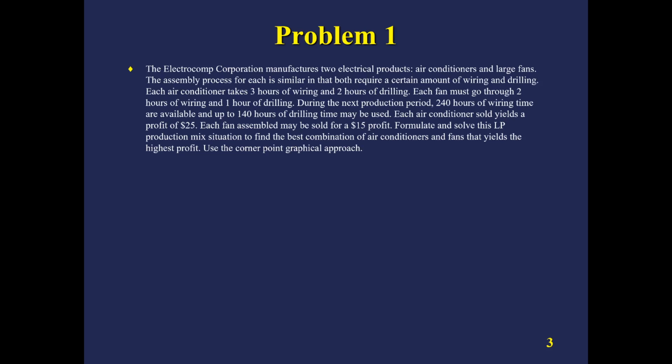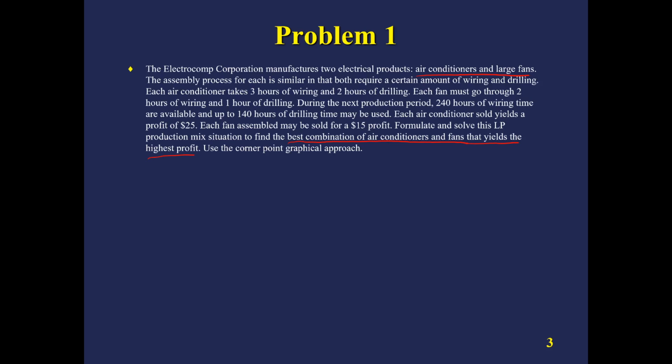So let's see this problem. We can first identify the decision variables, and it is clear that the decision variables are air conditioners and large fans, because it says find the best combination of air conditioners and fans that yields the highest profit. This also tells us that this is a maximization problem.